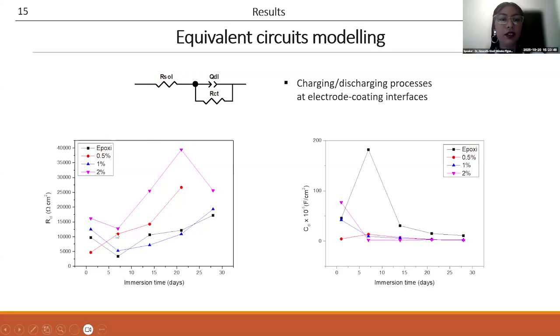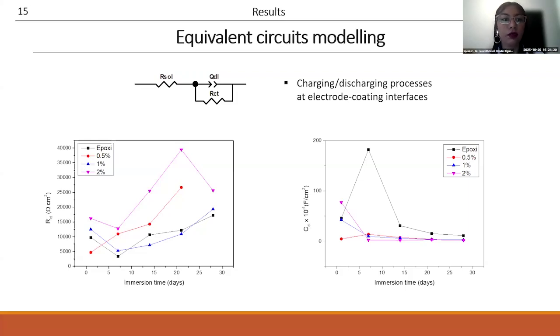And what is interesting in the results here is that when we added 1%, the charge transfer resistance presents a drop, which indicates that the system can have an agglomeration, and that can create paths that can affect the performance of the coating.